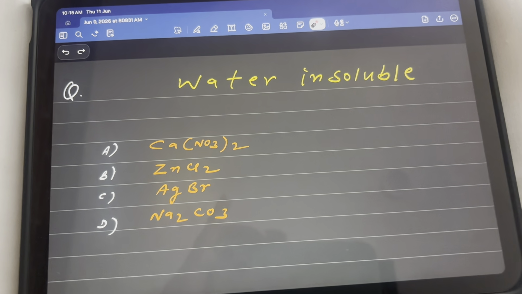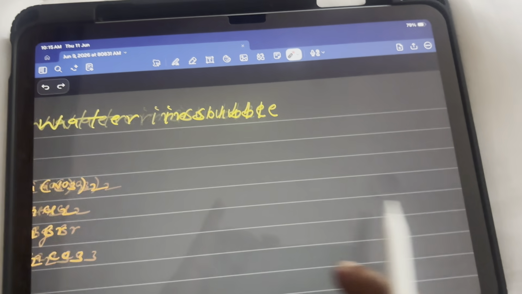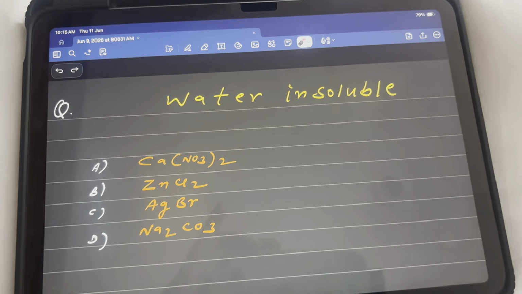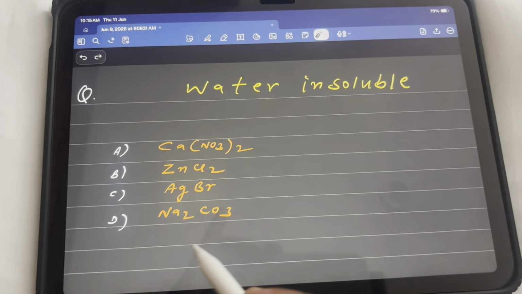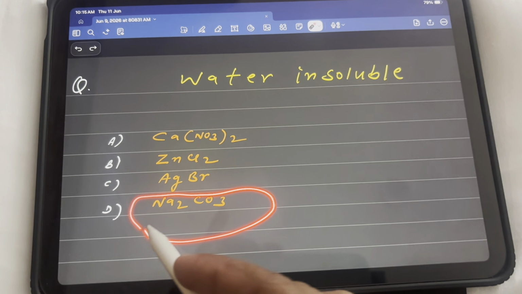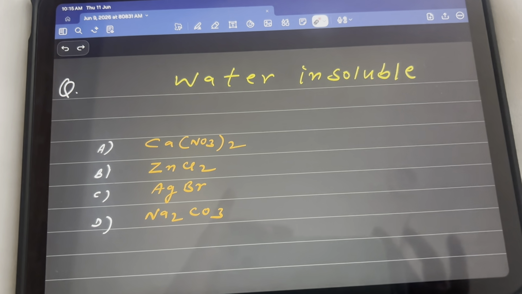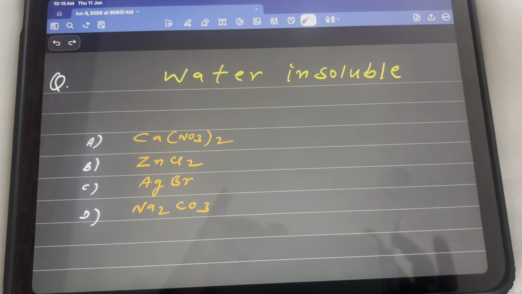So answer is AgBr. AgBr is water insoluble. All nitrates are soluble. Carbonates are insoluble, but carbonates of ammonium, sodium, potassium, rubidium, cesium are soluble, because all salts of ammonium, sodium, potassium, rubidium are soluble in water.